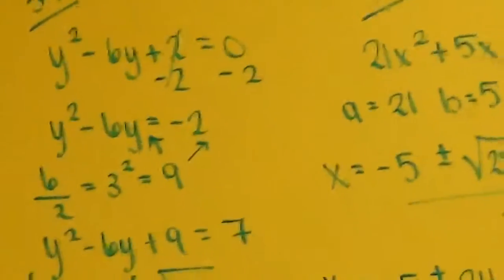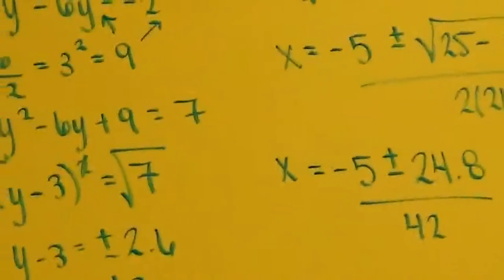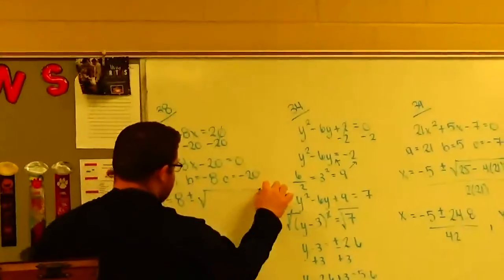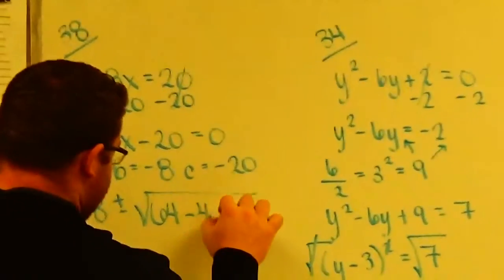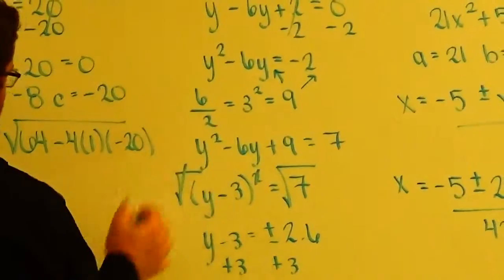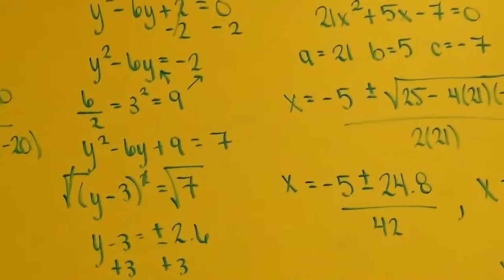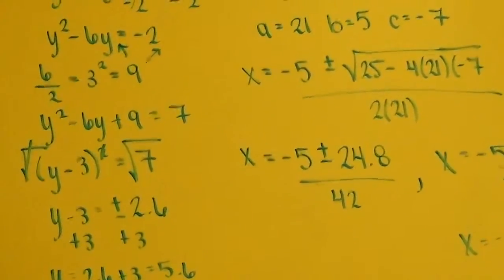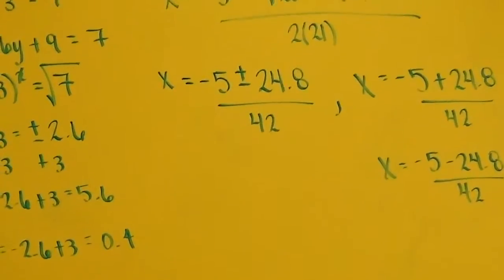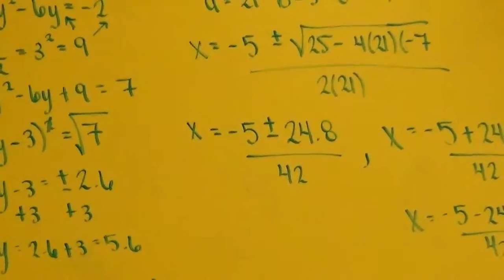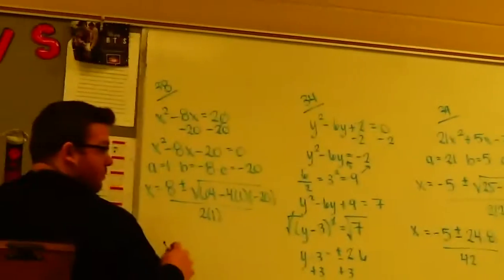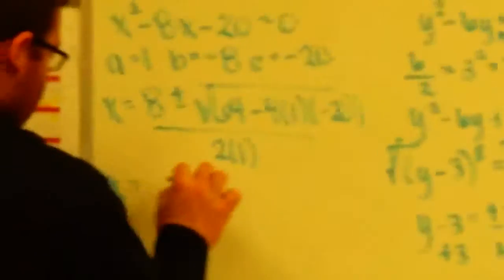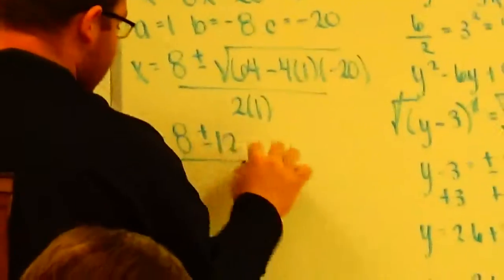So now you've got x equals the opposite sign of b. Well, if it's already negative, it's just positive 8, plus or minus the square root of what's 8 squared, 64, plus 4 times 1 times 20, which is 80. That's 144. What's the square root of 144? 12, right? Plus or minus 12. So you get 8 plus or minus 12 all over 2.